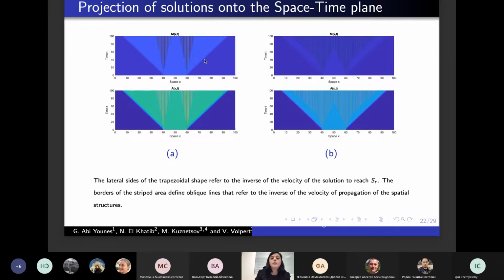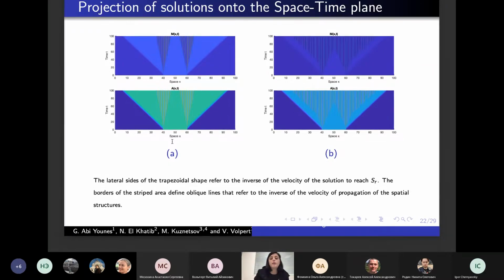So, in other terms, the slope of this line is the velocity of the propagation of the solution towards SR, and the slope of this line is the inverse of the velocity of the propagation of the spatial structures.